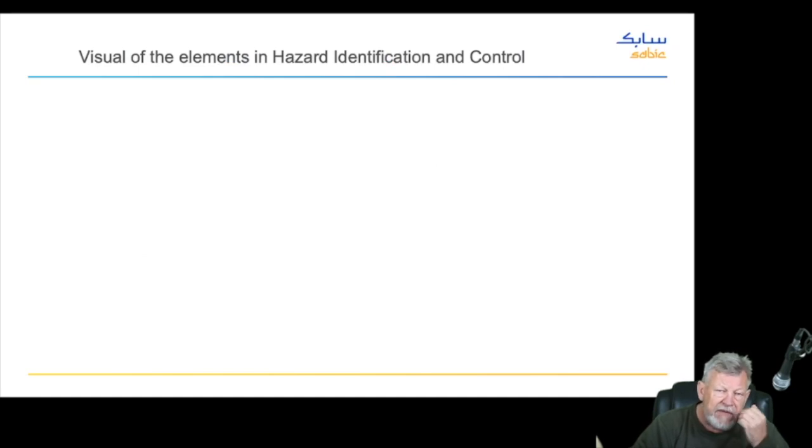Now, I put together a bit of an animated slide which demonstrates the relationship between the hazard, the energy flow, the target, the event that takes place, the barriers that are mitigating controls, the evolution of the event after, and the preventative control.